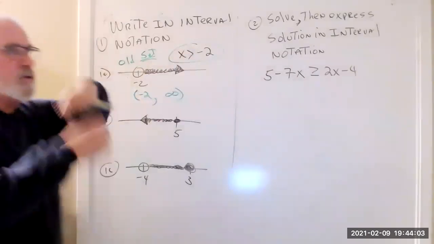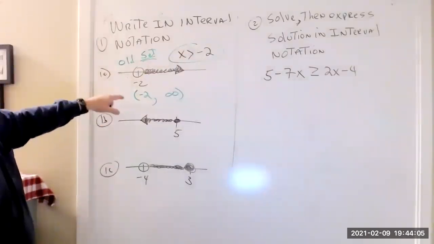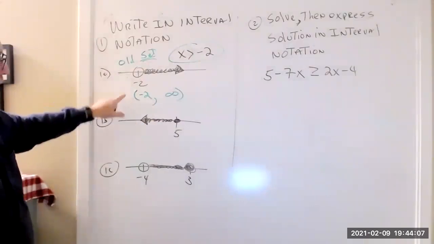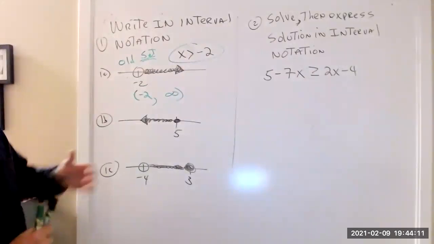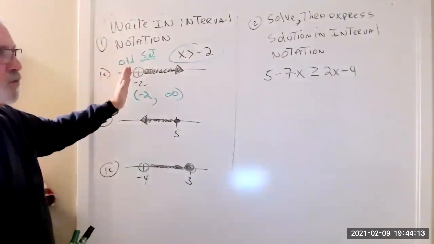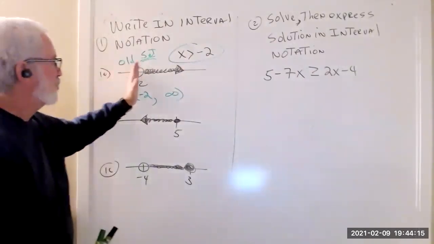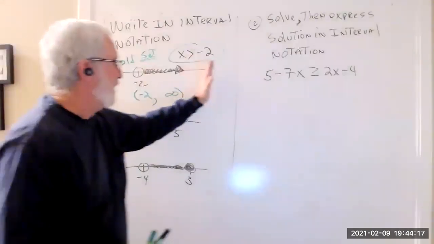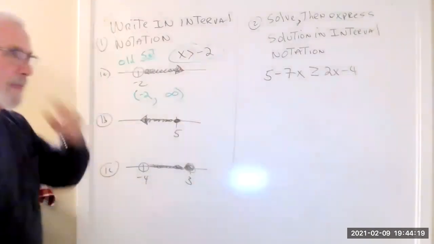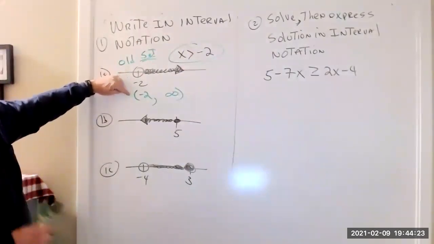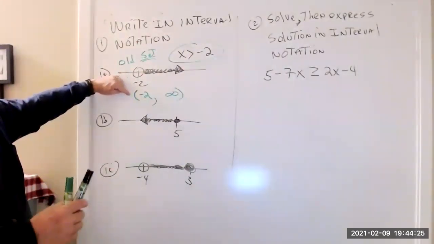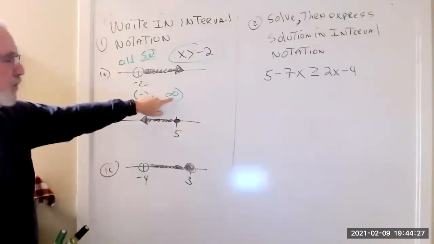Okay. The new, more modern way is called interval notation, and it describes exactly what I see on the number line. I see -2, and everything is shaded to the right of that out to infinity. We use the parentheses to indicate we can't quite touch -2 or infinity.